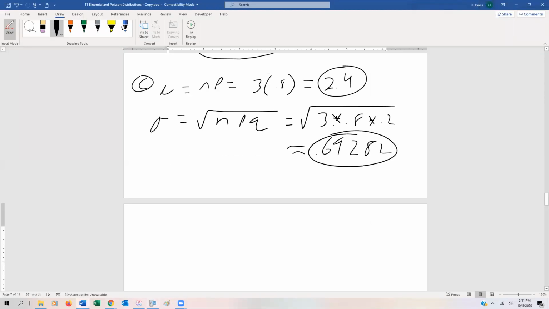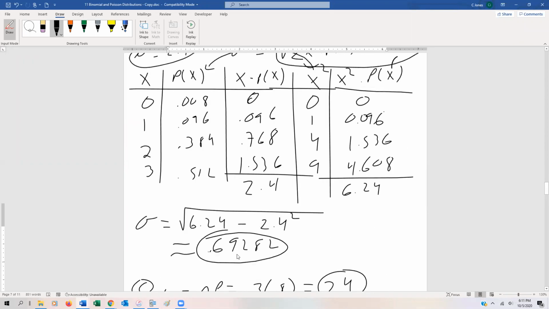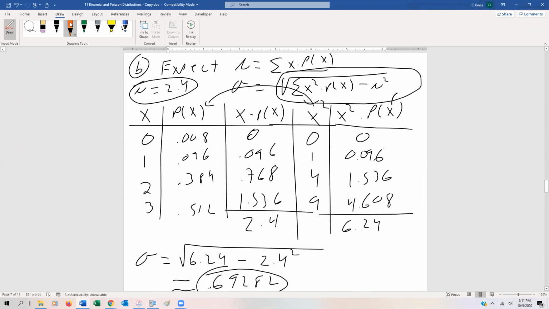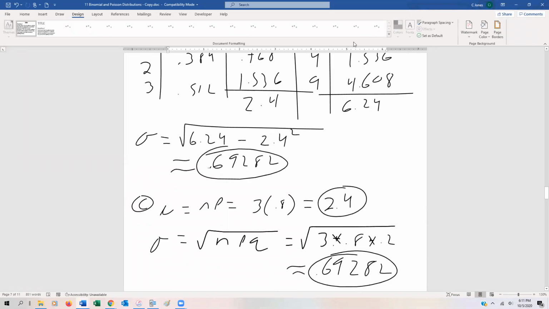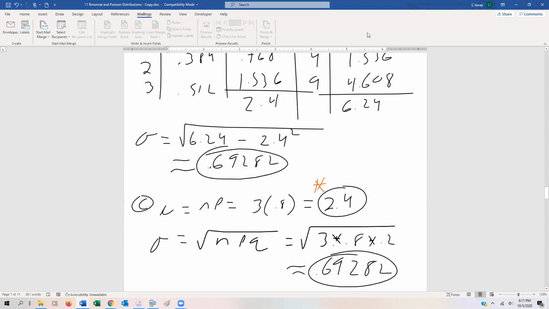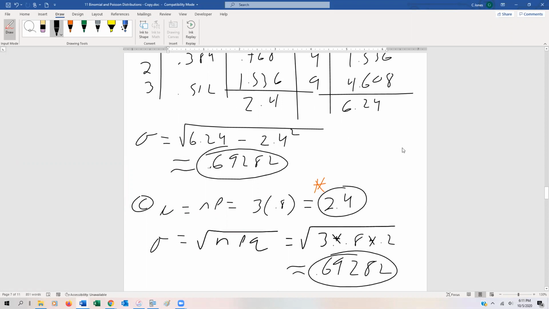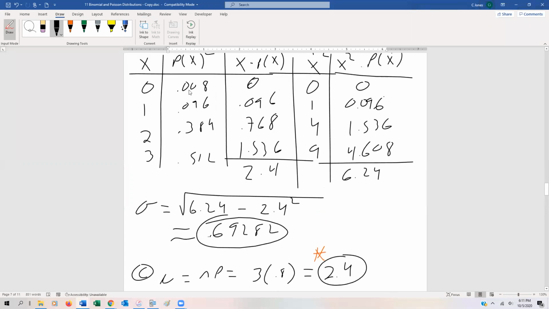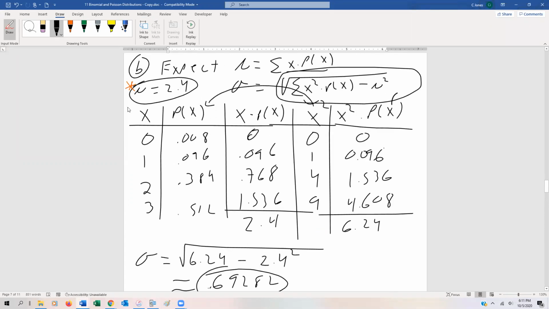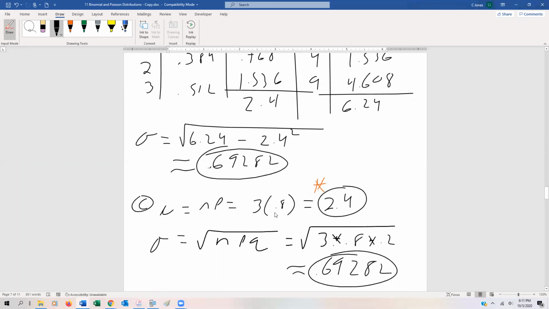All right, so let's comment on parts B and C. So let's go back up to part B. And, oh, hey, we got 2.4 for mu. And we got 2.4 for mu. Okay, so if you're a logical person like me, this is very, very difficult to do to get 2.4 in part B. In part C, we got 2.4 with very little work.